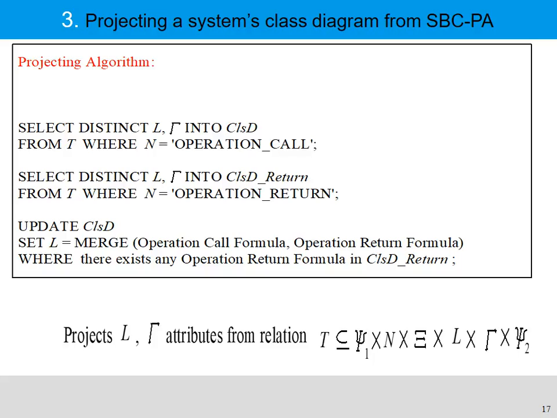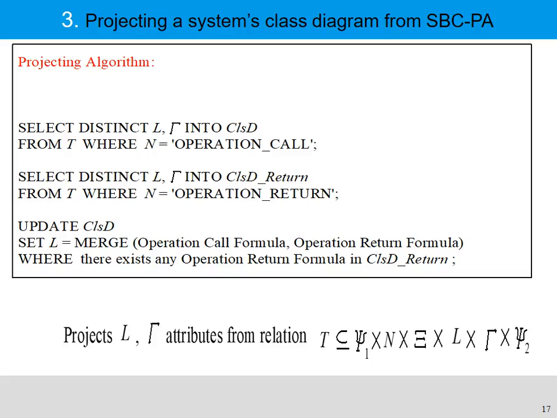Now, let's see the projection algorithm. There are 3 steps. The first step is to select 2 attributes from the T relation into a new class D relation. The second step is to select 2 attributes from the T relation into the class D return relation.